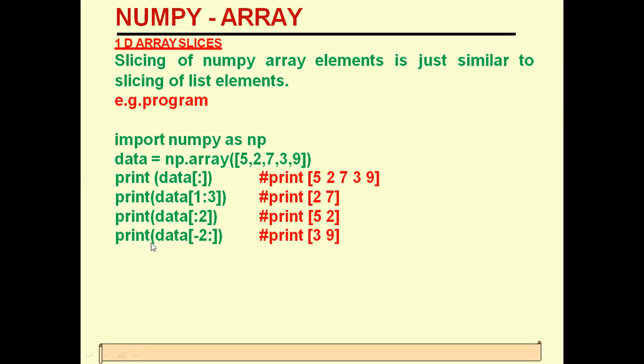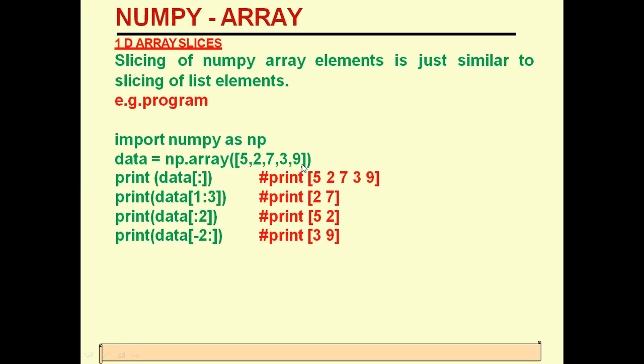Now print data[-2:], which means a negative value from the last. The last element will be minus 1, minus 2, minus 3, minus 4, minus 5. So right to left, that is a negative index. Left to right, that is a positive index: 0, 1, 2, 3 in increasing order.